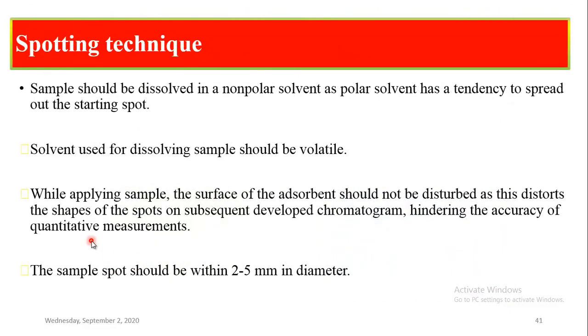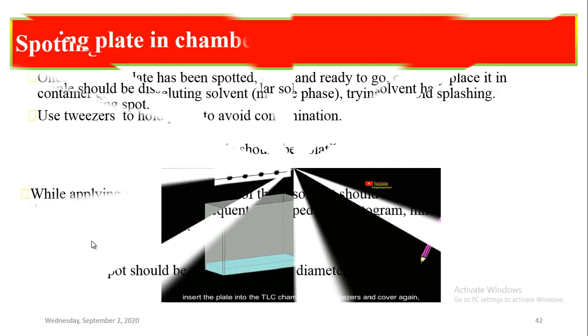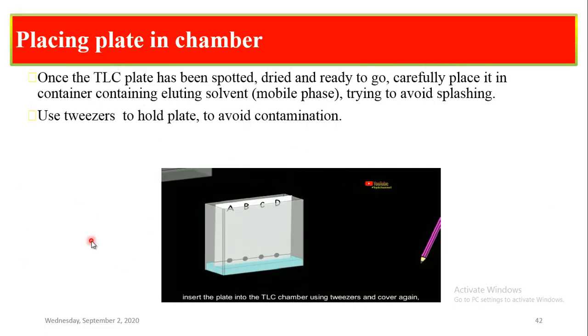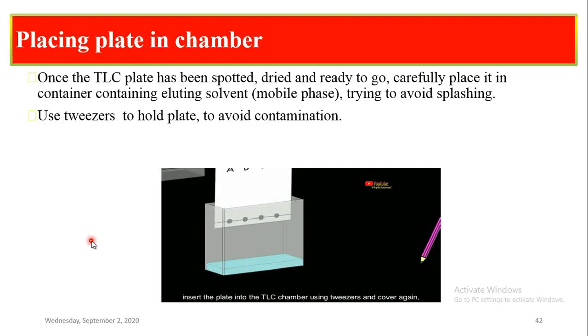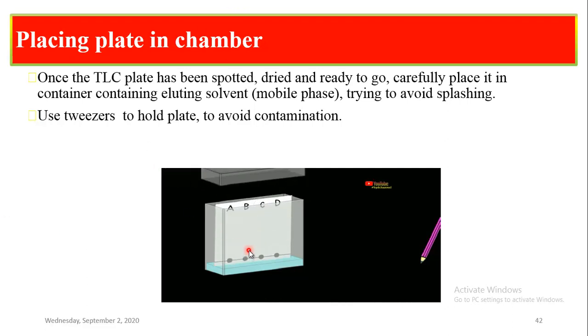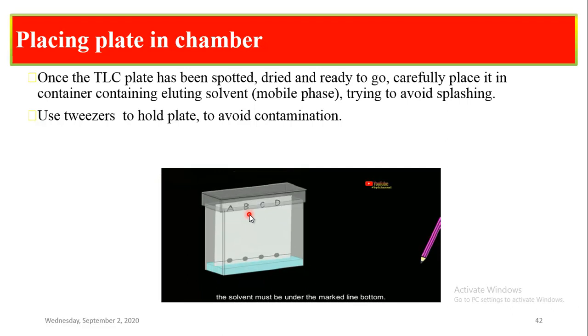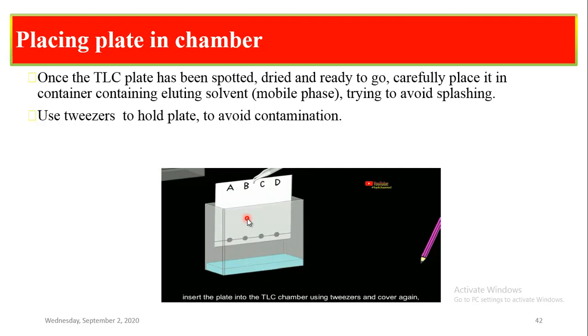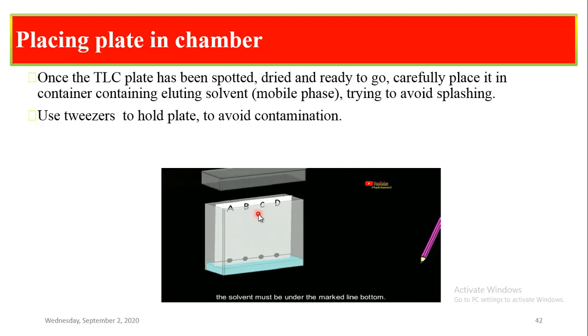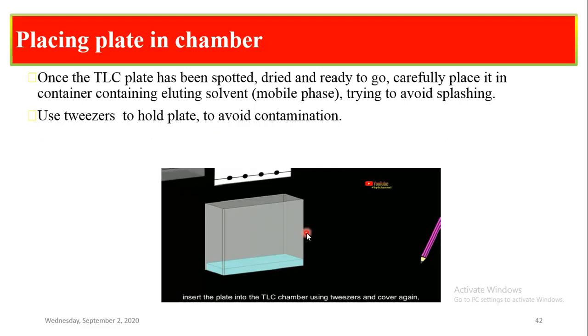So after spotting, place the plate in a chamber. Here is a video I have taken. We do not use a hand; we use forceps to place the TLC plate, because if we use a hand then it may cause contamination.